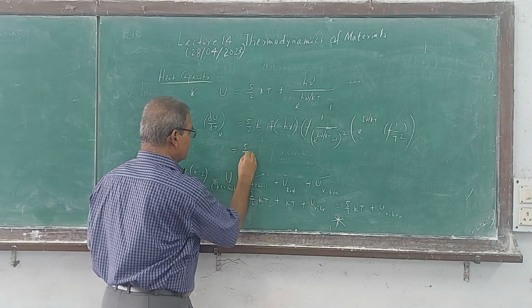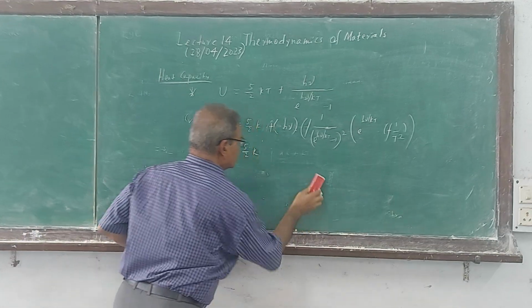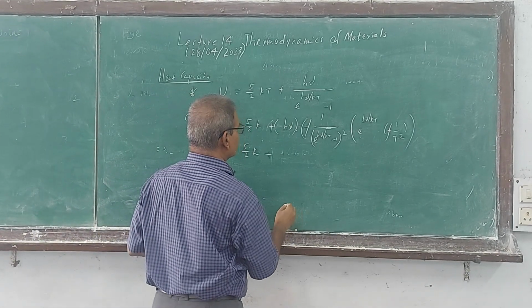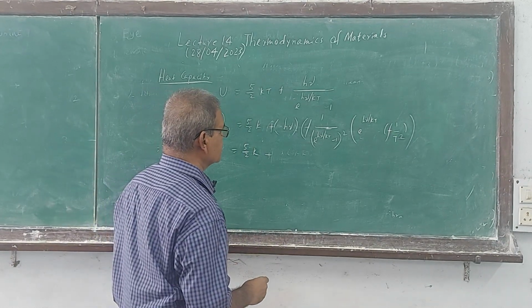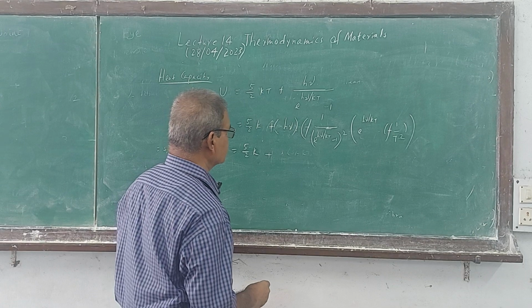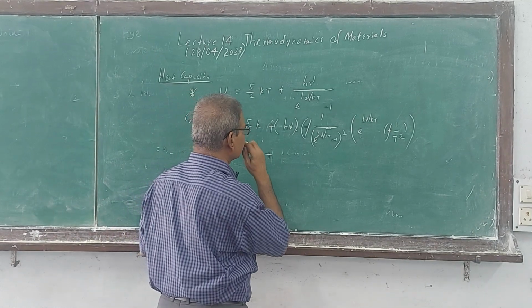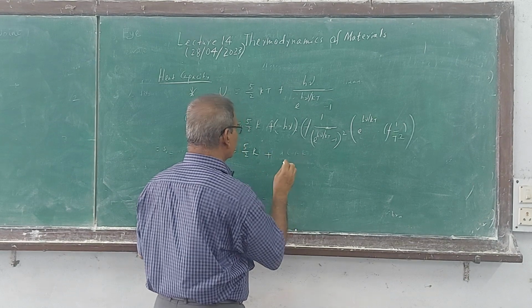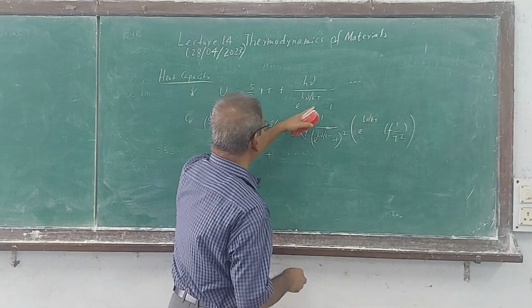5 by 2 k. Do this. Okay, T square. Wait a bit. I think I have to... Have I made any mistakes?